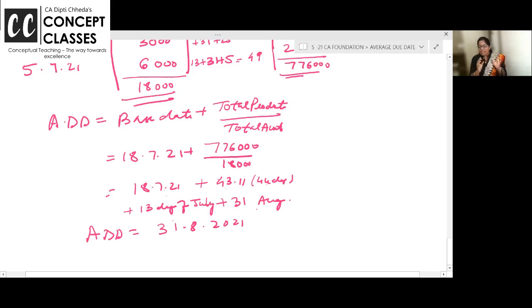Otherwise, in costing and other classes, we do decimals. Same is with income tax also, rounding off is done. That is the reason. If I say 8.2 days you have to pay, pay me in 8 days, it will be a burden on you to pay 1 day before the due date. It doesn't look good. We are doing average due date, so a little extra decimal, definitely you can take extra, but the best way is to write this in the exam.